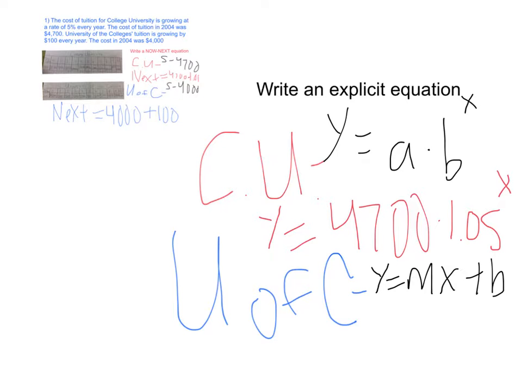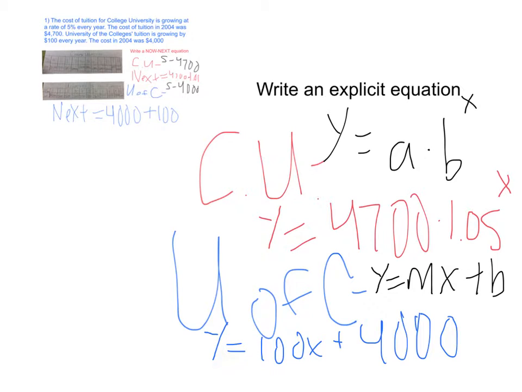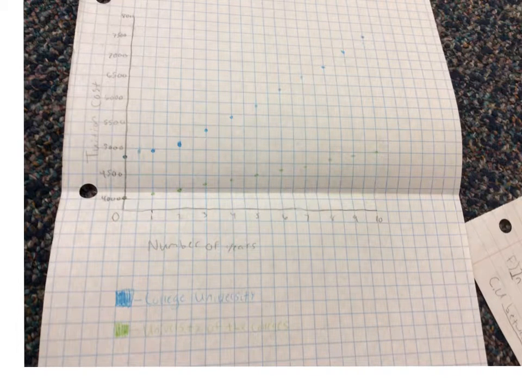So, the equation for University of the Colleges is y equals 100x plus 4,000. These are the graphs for both colleges. As you can see, since College University is exponential, you can see a slight curve, but University of the Colleges is straight because it's linear.